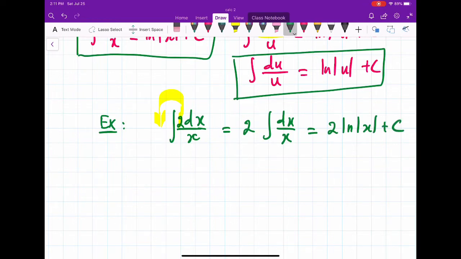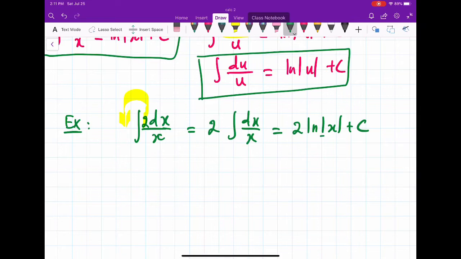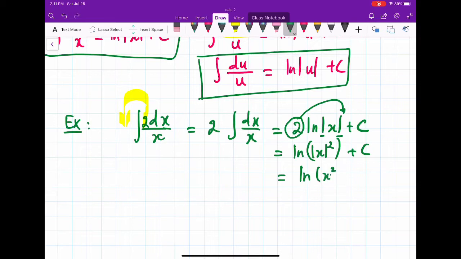But sometimes, if you don't want to see the absolute in here, you can write that as ln of absolute of x squared, because you can bring any constant to the power. I hope you remember that. Plus c, and this is nothing but ln of x squared plus c.